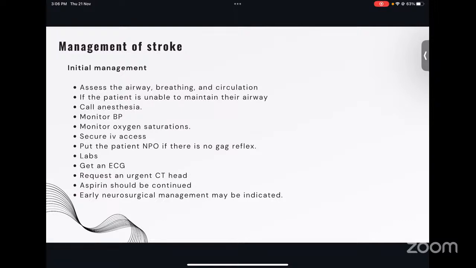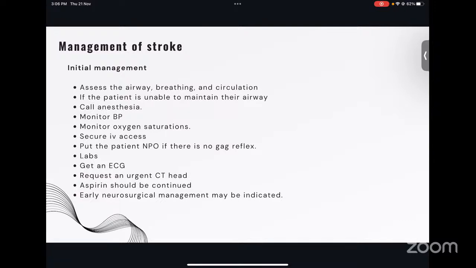If the patient is able to maintain their own airway and is not hemodynamically compromised, explain to the patient what exactly has happened. Perform a full neurological examination and keep the patient nil by mouth to prevent any aspiration, especially if the patient has no gag reflex. Send complete blood count, chemistry, and coagulation. Send blood culture if there is any history of endocarditis or pyrexia.